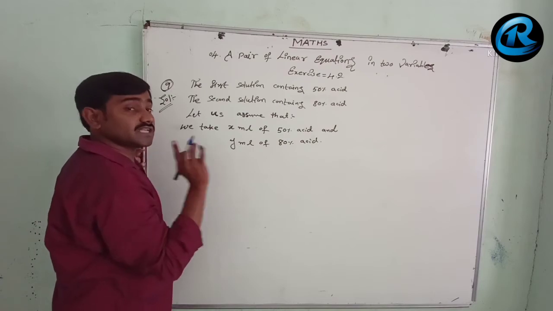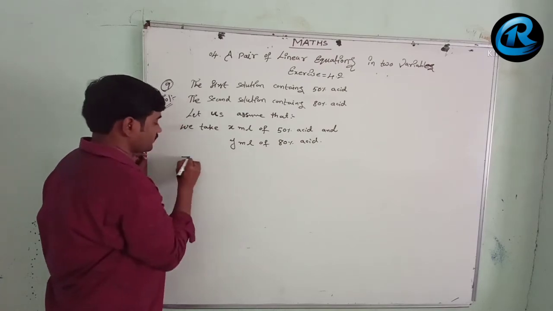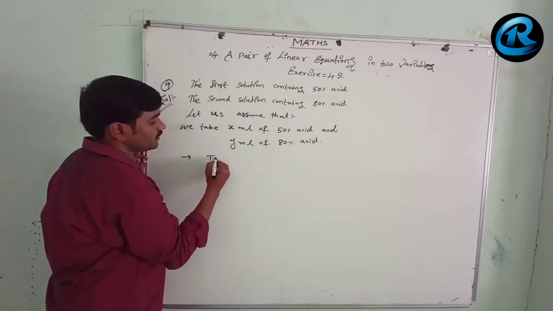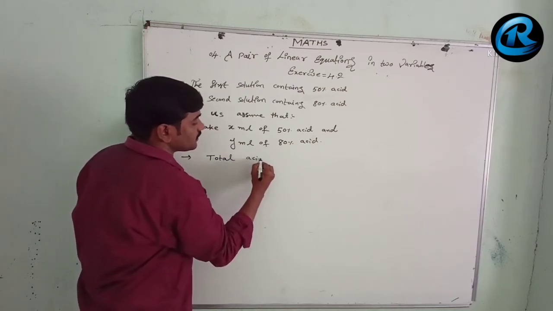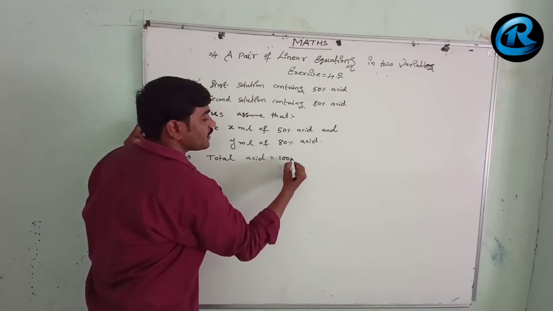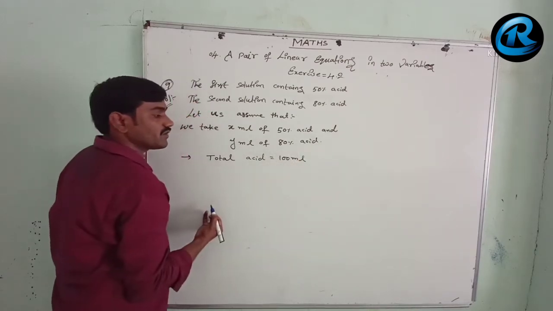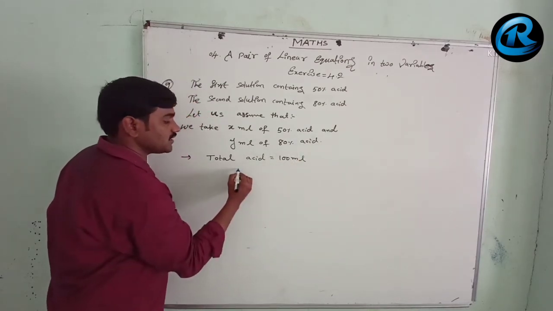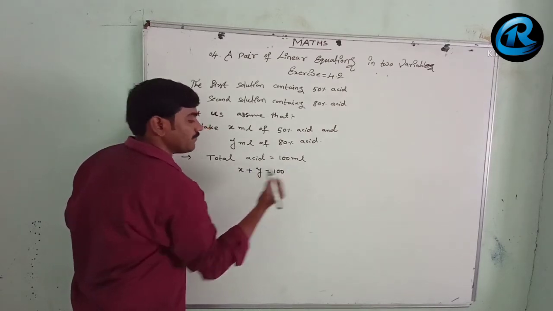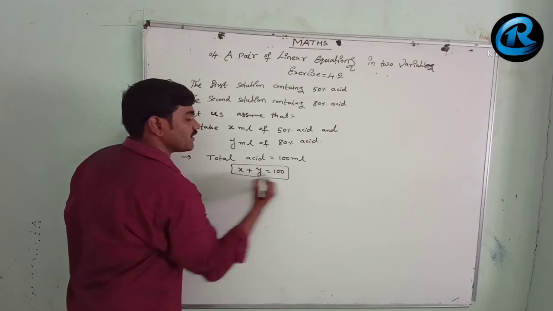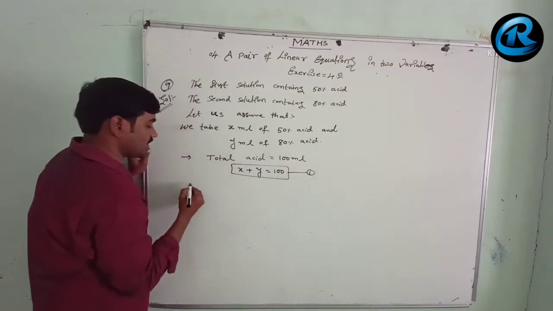So in total we require 100 ml. So x ml plus y ml equals 100 ml. This is equation number 1.